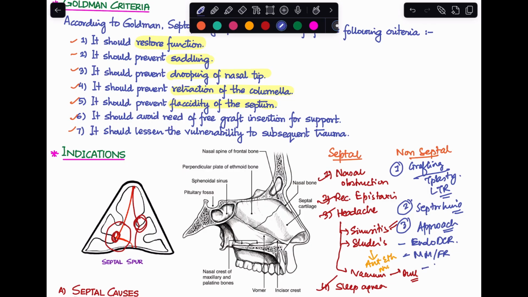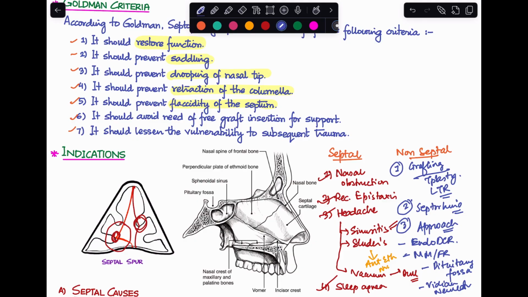Third, it can be because we are trying to approach the pituitary fossa to perform an endoscopic hypophysectomy. In that case also, sometimes doing septoplasty can improve the endoscopic access. And also in cases of Vidian neurectomy. So these are some non-septal indications for performing septoplasty.